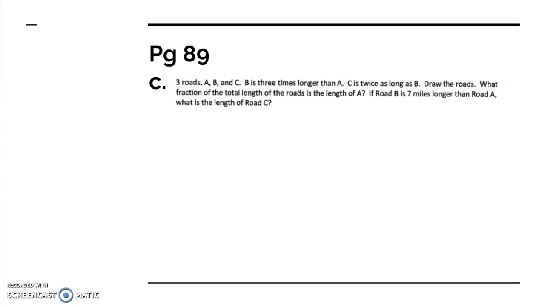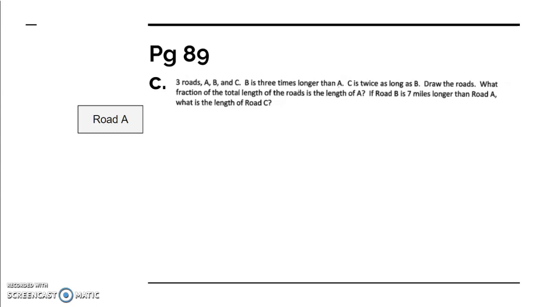So we have B 3 times longer than A. C is twice as long as B. For the most part, I don't hear anything about A, so I'm going to assume that A is our smallest piece. Pretty simple? Okay, because if we look at this, I don't hear any mention of road A. Road A seems to be the base unit, or the smallest piece of this puzzle.